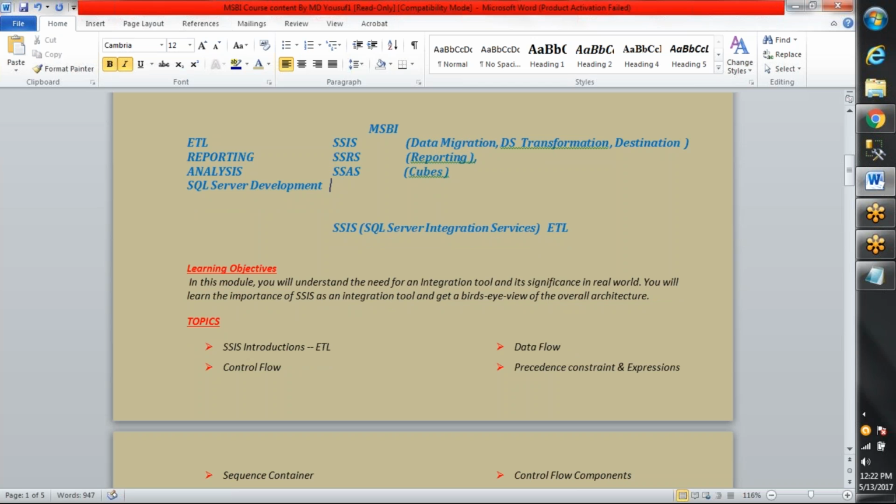So SQL development, guys, you already know this is a database management platform wherein you write SQL queries, and you try to extract the information, you try to load the information. With SQL in place, it is a very strong component of database wherein you can securely save your information.